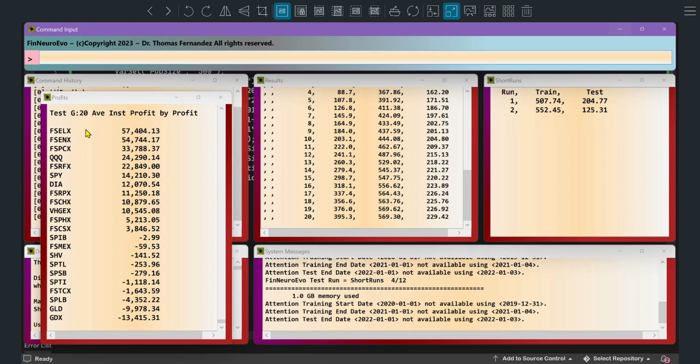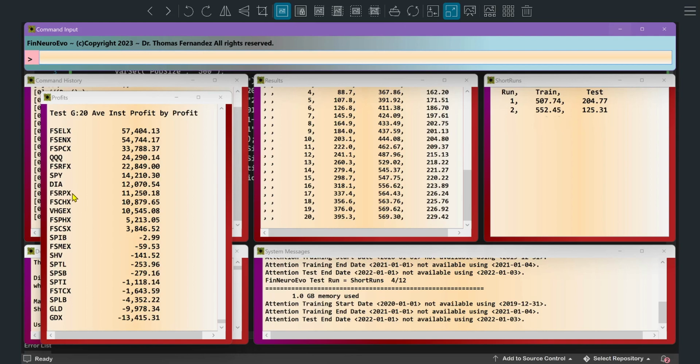The system trades all of these instruments. It's a variety of different things. QQQ represents the Nasdaq. SPY represents the S&P 500. DIA represents the Dow.